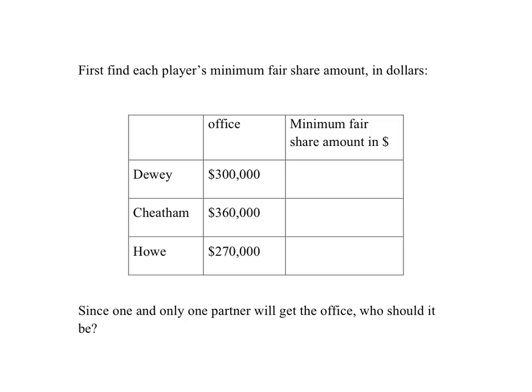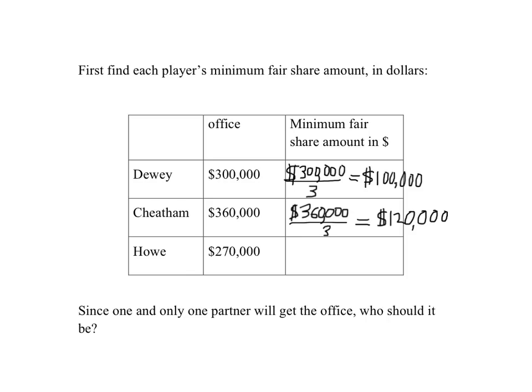The thought process is the same as in the last chapter. Each player has an idea of the total value of all the goods. Here there is only one item. And there are 3 players. So for each player, the minimum fair share amount is 1/3 of the total value. So for Dewey, that'll be $100,000, for Cheatham, that'll be $120,000, and for Howe, that'll be $90,000.